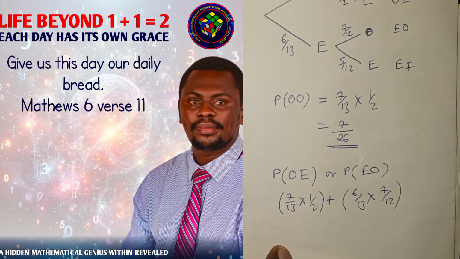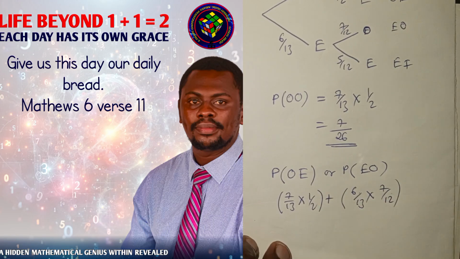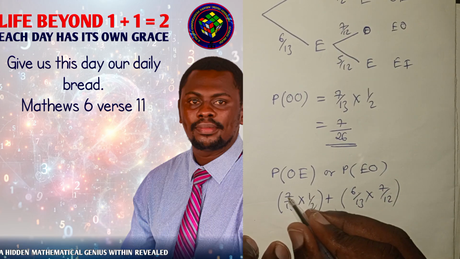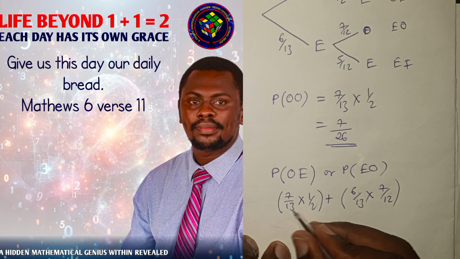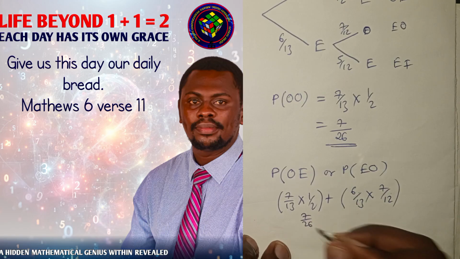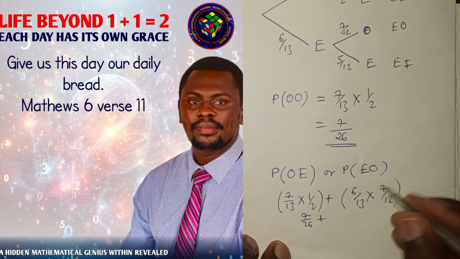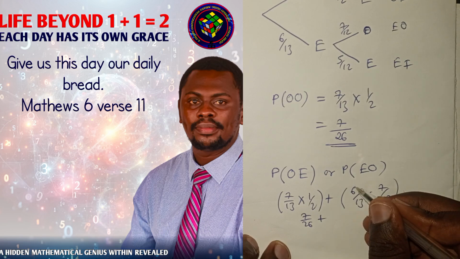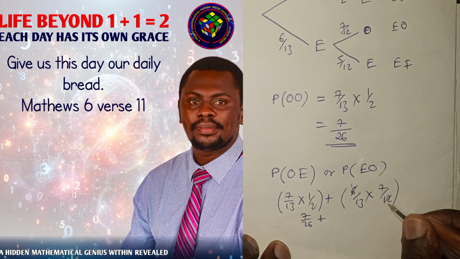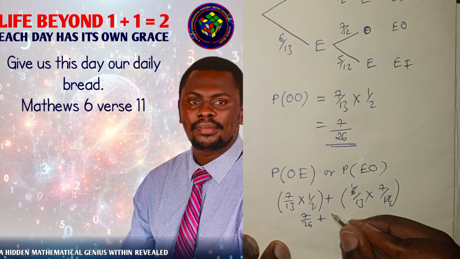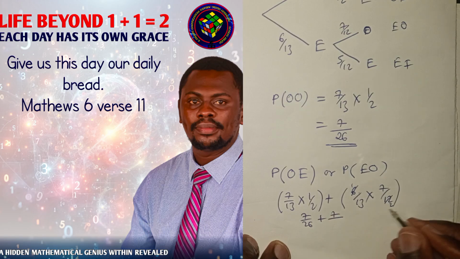Okay, so this will be 7 times 1, you get 7, that is 7 over 26, plus here, 6 in 12 is 2, so 6 in 6 is 1, in 12 that is 2, so we have 1 times 7 is 7, over 13 multiplied by 2, that is 26.